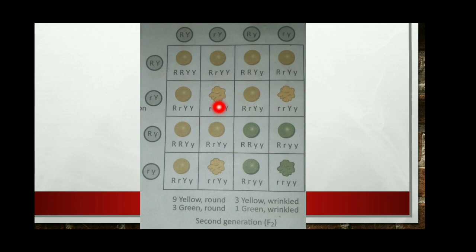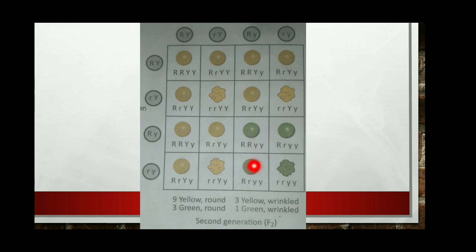Next, for round and green, the genotype must contain at least one capital R and both small y. The third row, third cell, and third row, fourth cell, fourth row, third cell. So the round green genotypes are 3.